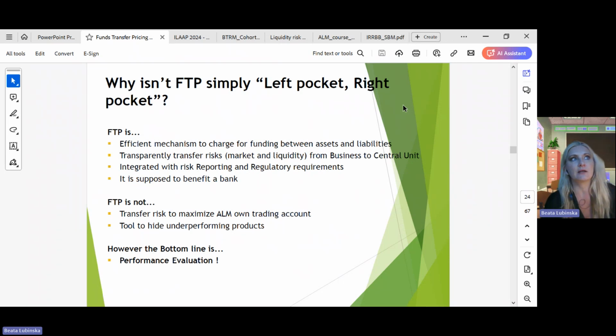So again, it is very important to get the right FTP, and it is not true that FTP is right pocket, left pocket. It is supposed to be an efficient mechanism.